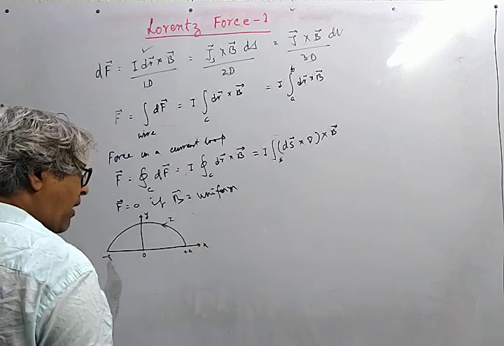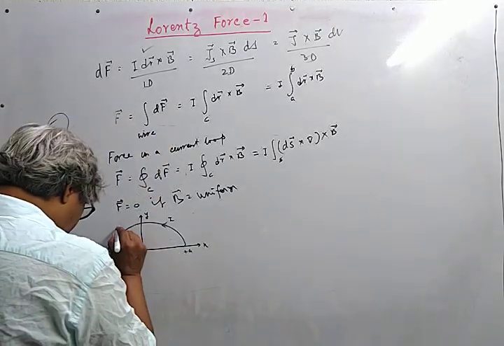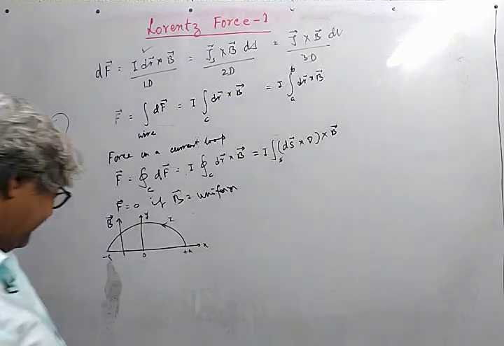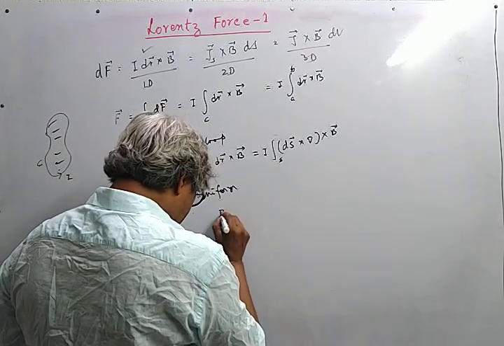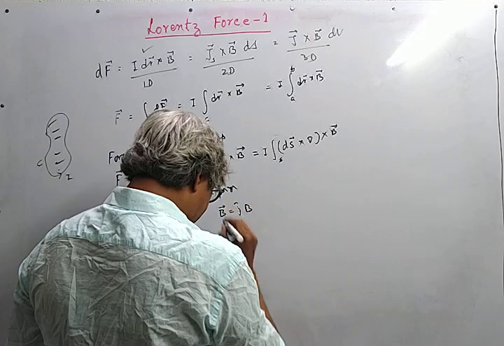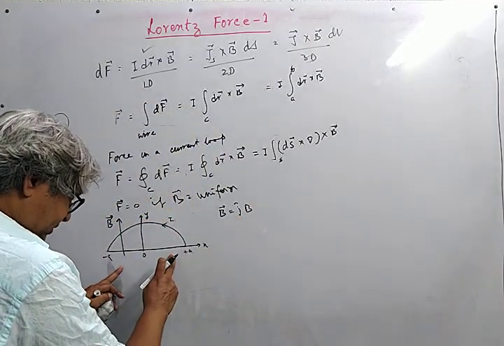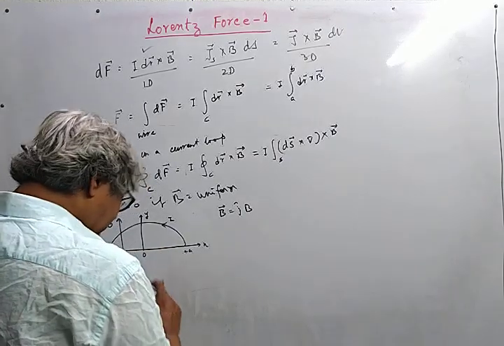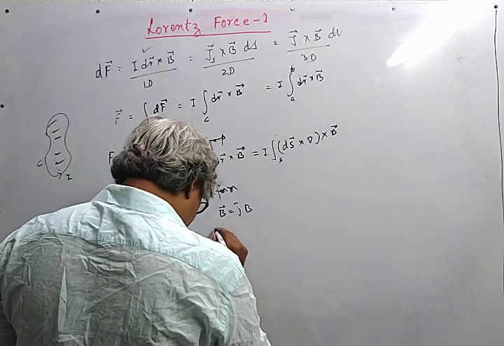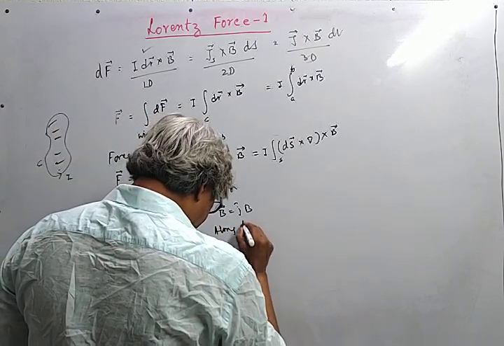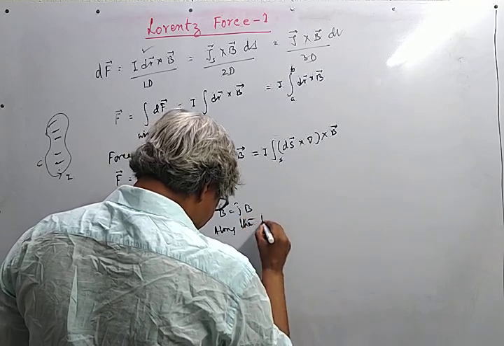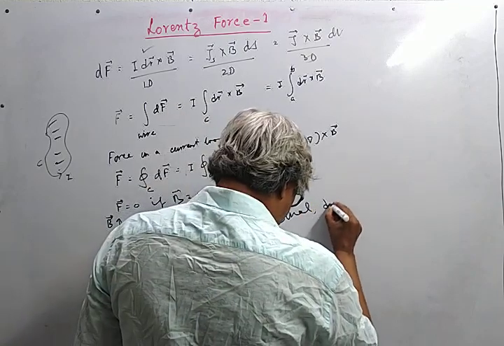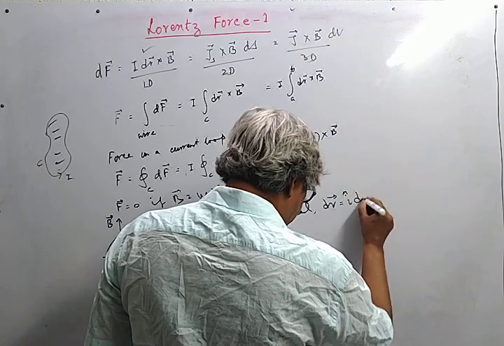A uniform magnetic field B is applied along the y direction, so B is equal to B j cap. Along the straight part, the unit vector is i cap. So along the diagonal, we have dr equal to i cap dx.